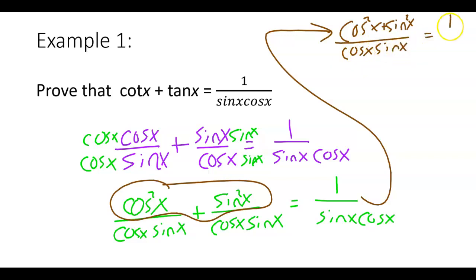And on the right side, we still have just this. Haven't done anything to the right side yet. All right. Well, here's my Pythagorean identity. You guys see that? Take a look at your chart. What is cosine squared x plus sine squared x equal to? It's equal to 1, and so we have this.